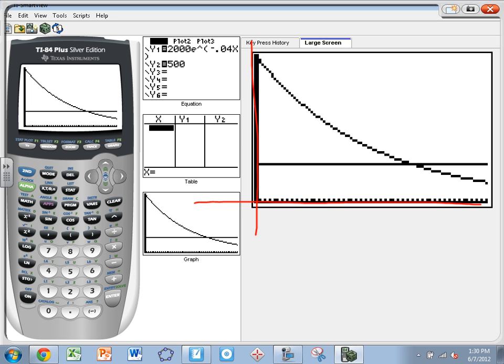This is the origin. A lot of these problems with exponential growth and decay, you only have to deal with the first quadrant, because you can't have a negative amount of bacteria or tigers. You can't have a negative time. So since everything's positive, you are strictly working in quadrant 1. Quadrants 2, 3, and 4 don't really matter. All right, let's continue.